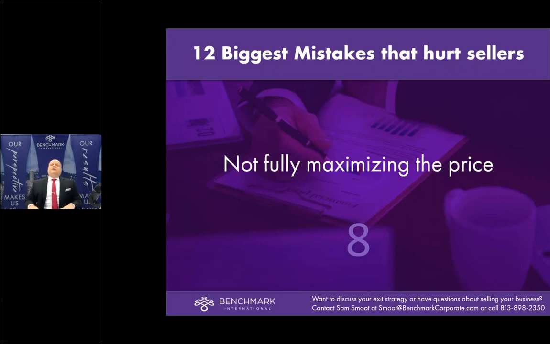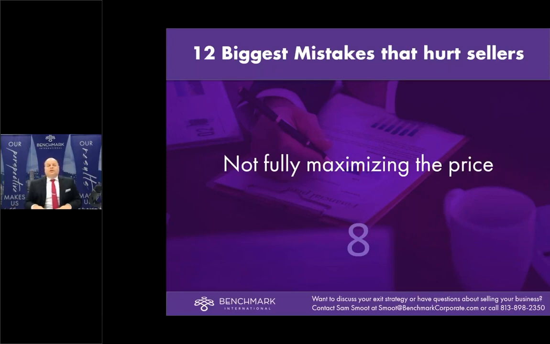Number 8, not fully maximizing the price. I mentioned this earlier. Letters of intent can be heavily negotiated. The buyers will send them over. They'll have already signed the bottom, and they'll have a blank for the seller, and they'll send it as a PDF, as if it's a fait accompli, and your choice is to sign it or walk. That is never your choice. Your choice is always to get a Word version of it, mark it up, and send it back to them.